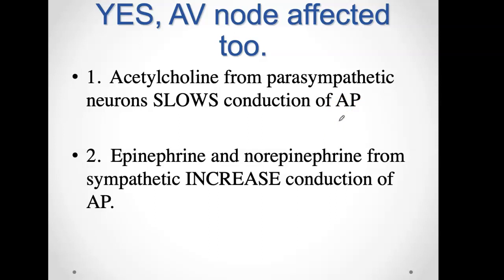And epinephrine and norepinephrine, or adrenaline and noradrenaline from the sympathetic, increase the conduction of that action potential. That is both of the AV node and of the SA node. Both of those are under the control of these neurotransmitters.